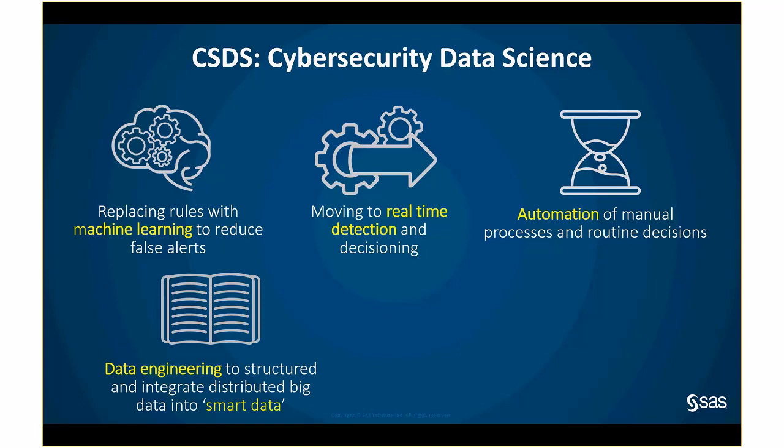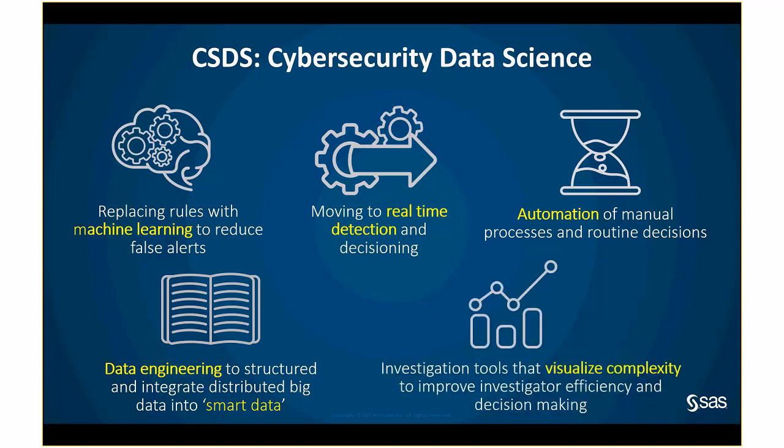And as well, data science can assist in improving data engineering to turn big data or these large volumes of data into smart data. And as well, there's a range of tools that are available to help cybersecurity professionals to visualize much of the complexity that faces them to make better decisions.